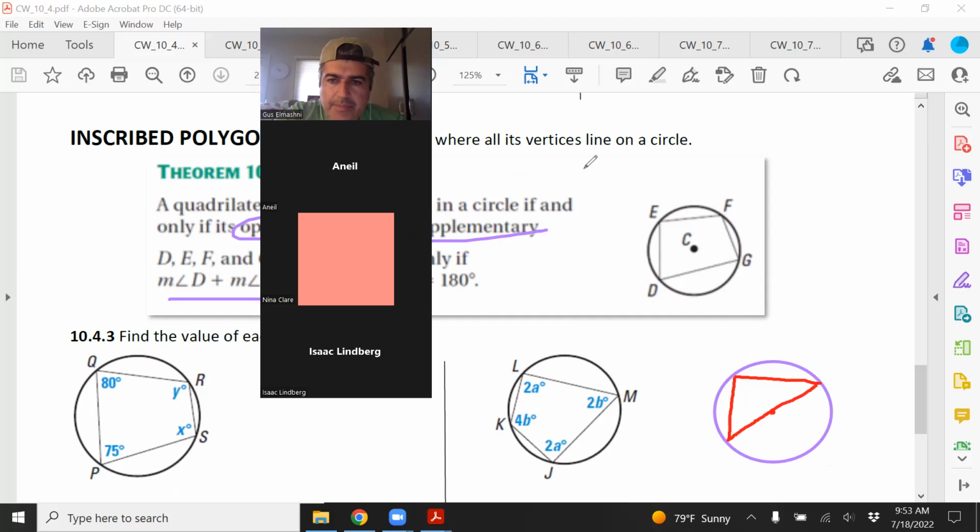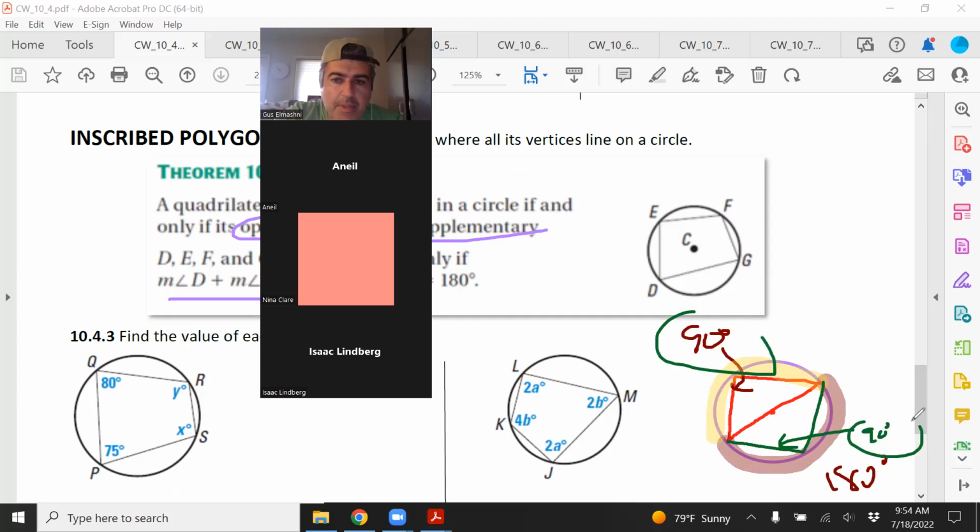What's going to happen is that's going to be 180 because I did a semicircle. So it makes that 90 degrees. And then if I look at this, that's also 180. And if I were to draw that, that's also 90. So now we see that both these add to 180.